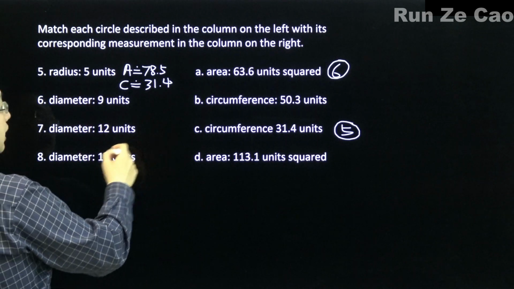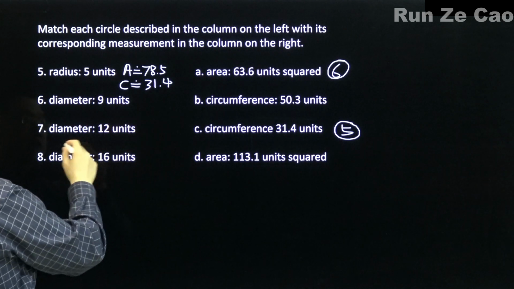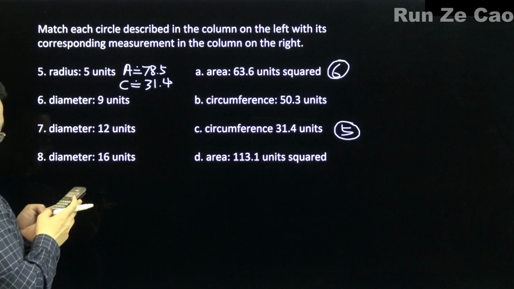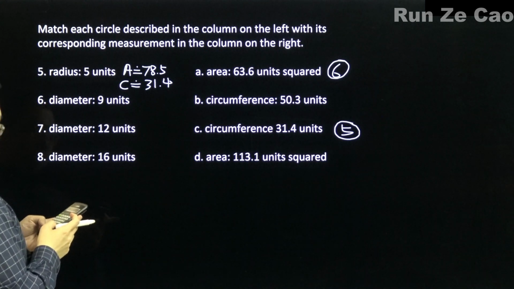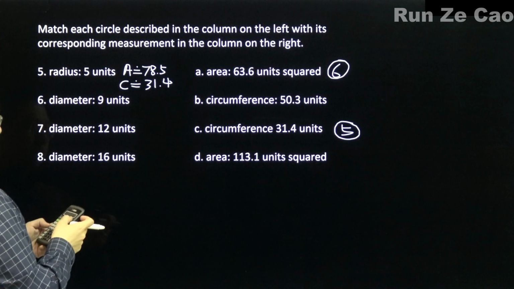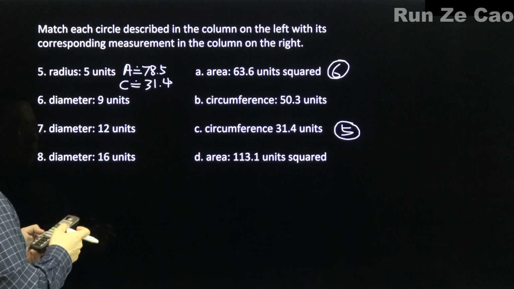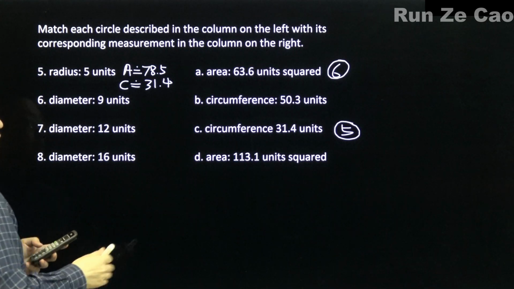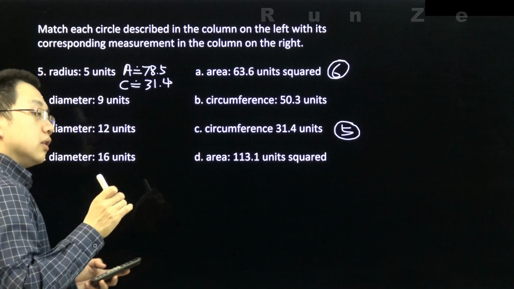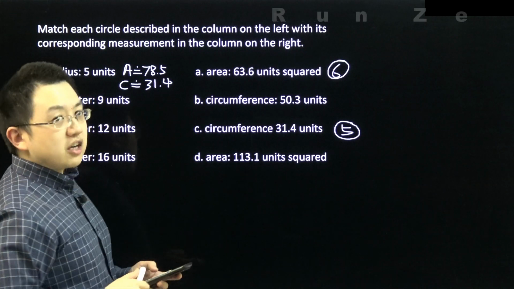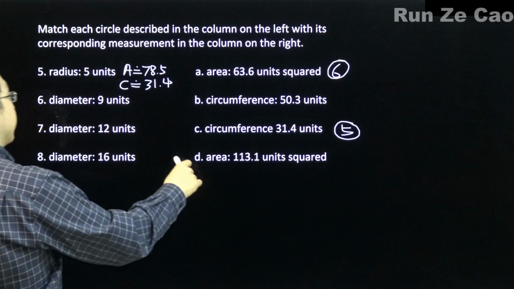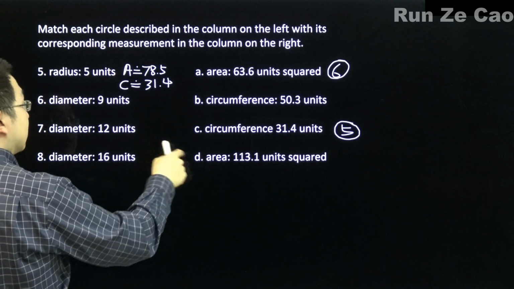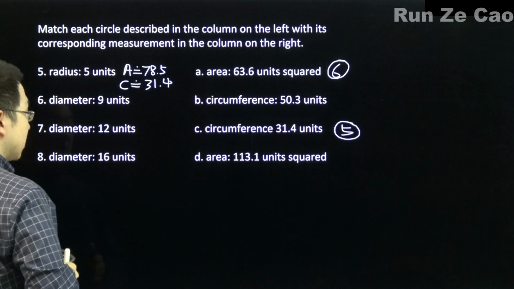I am calculating the area and circumference for each of them and then matching them up. Diameter 12 units. 12 times pi, no, that's like 37.7, way off. So, that's probably D, but you can't be sure. Not always will these mix and match problems have every single choice actually get used.